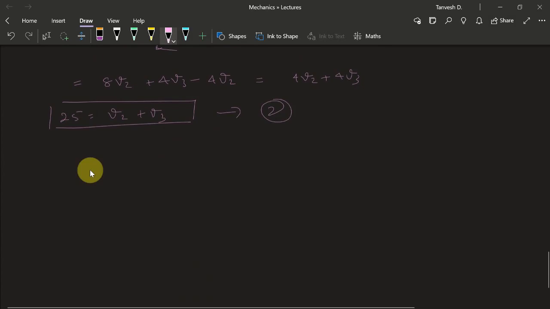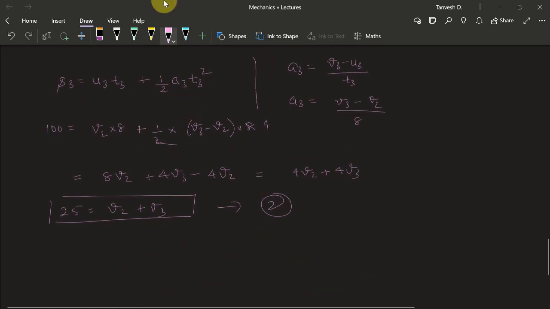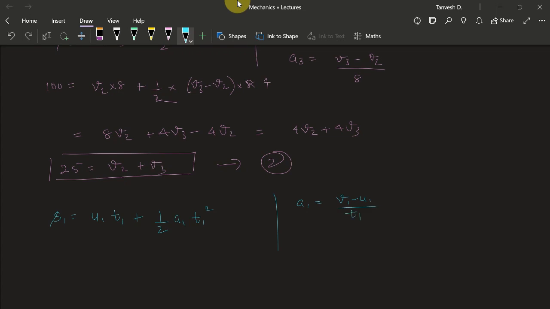S1, I will say, okay, S1, let me write it as is equal to u1 t1 plus half a1 t1 square, right? And a1 can be written as v1 minus u1 upon t1.